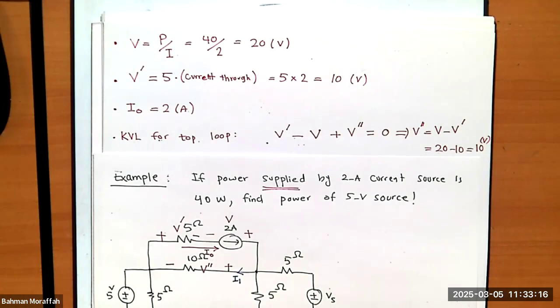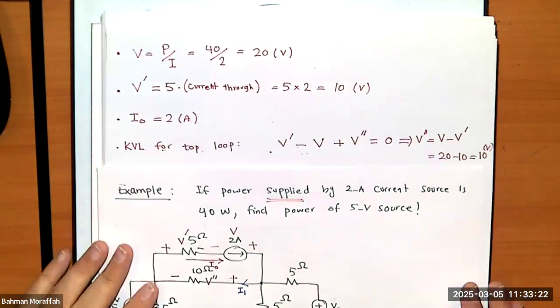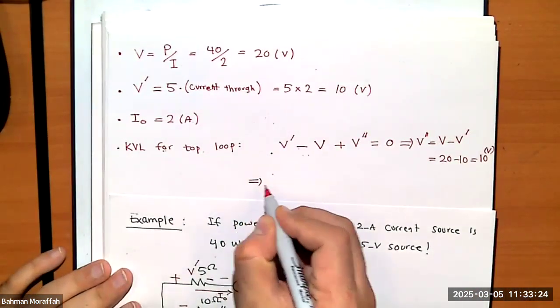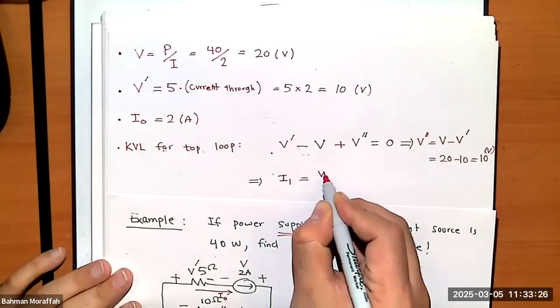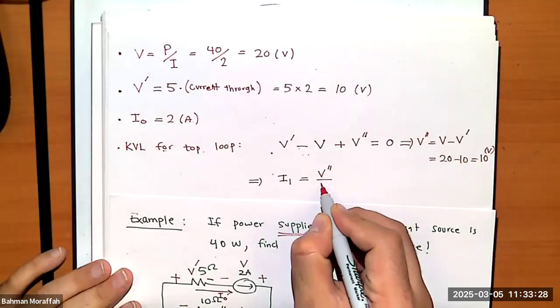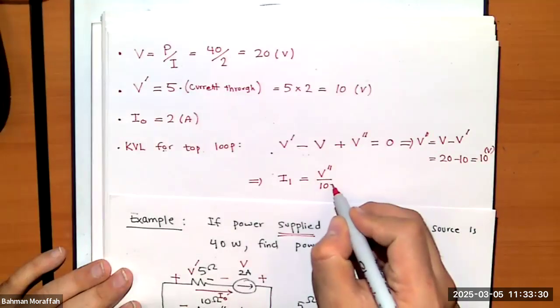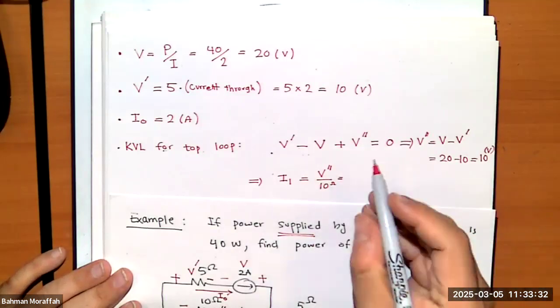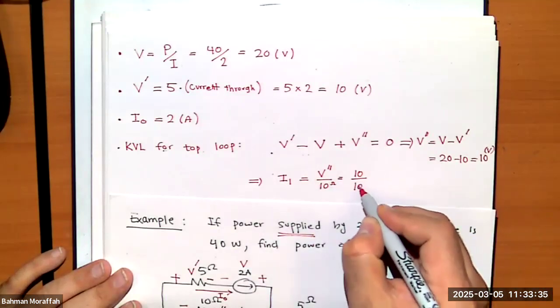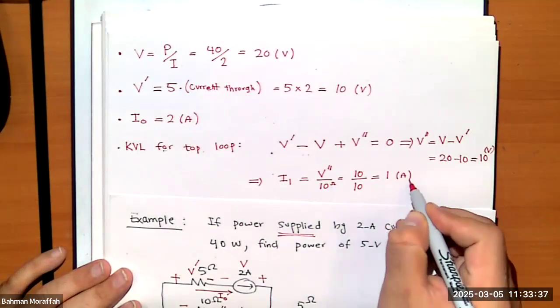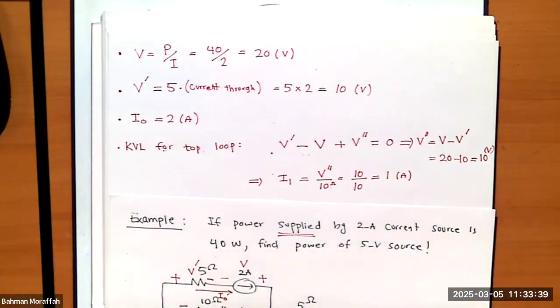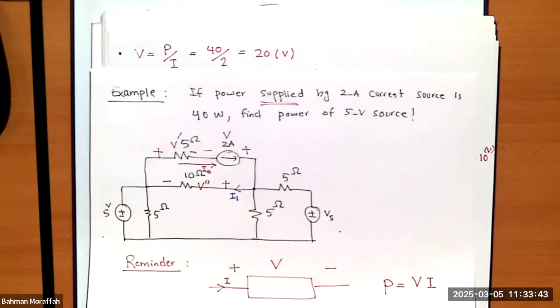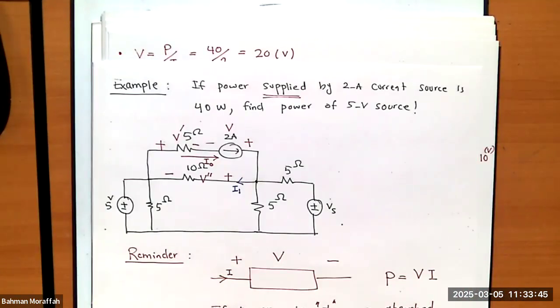So it is V double prime divided by the value of the resistance. Right? That's Ohm's law. Therefore, I1 is V double prime divided by 10 ohms. V double prime is 10 divided by 10, so it's 1 amp. Right?